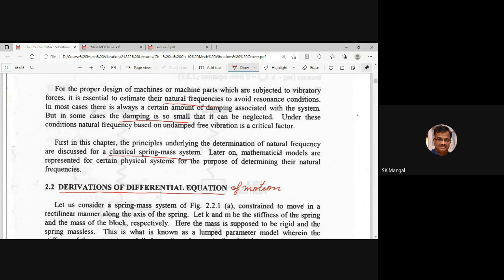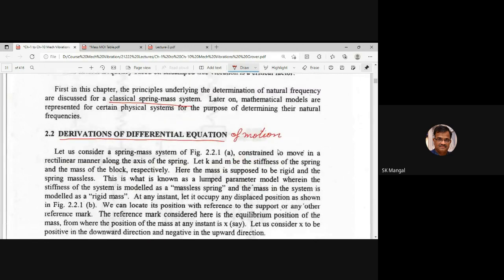Here the first one is by applying Newton's second law.